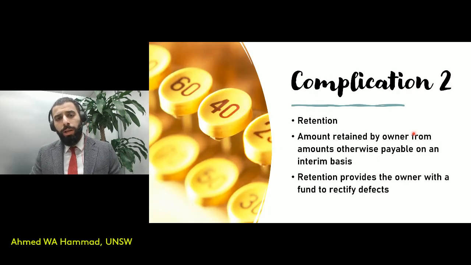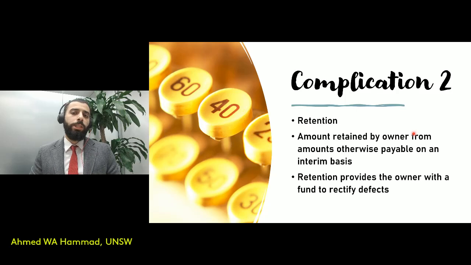Complication number two is related to retention. What is retention? Retention is where a certain percentage of the amount that's payable to a contractor, i.e. a builder, is retained by the owner. What's the purpose of doing that? Well, the owner can utilize that amount in case the builder refuses to rectify some of the defects at the end of the project.